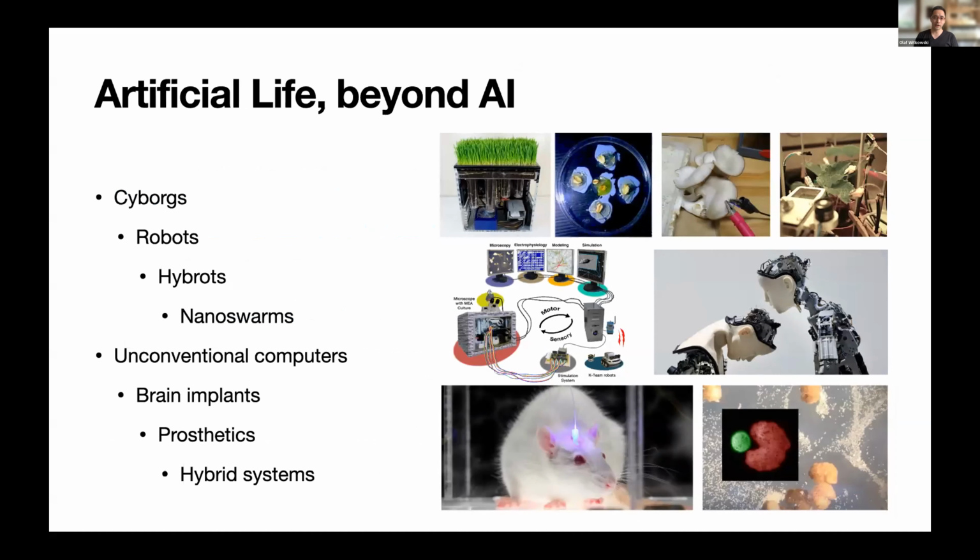All right, so I think artificial life goes beyond those wild differences in AI. And I think people in the room will, in general, agree with me naturally. I'm just giving you here a few examples: cyborgs, robots, hybrids, right? Those hybrids are very important.